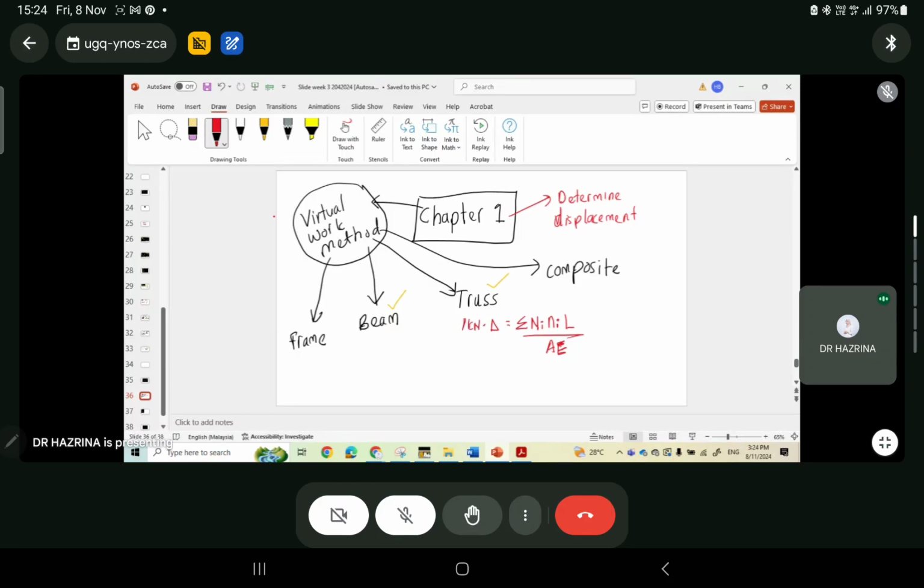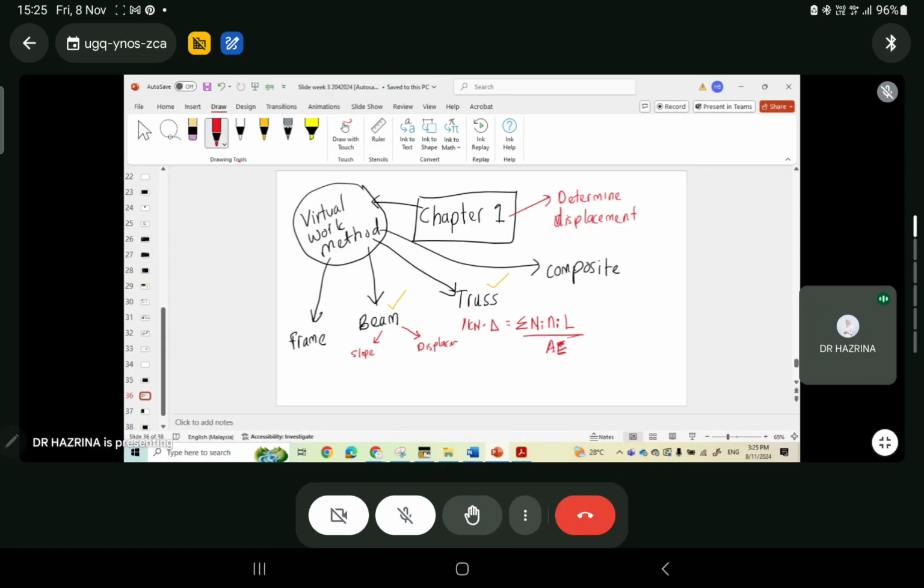Okay, so now in terms of beams, I have explained to all of you previously that there are two ultimate objectives in beams, whereby we can determine a slope or a rotation, or we also can find what we call displacement. Okay, a slope or displacement.